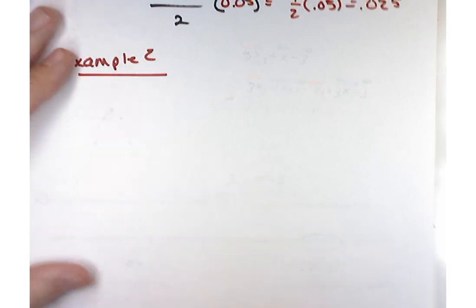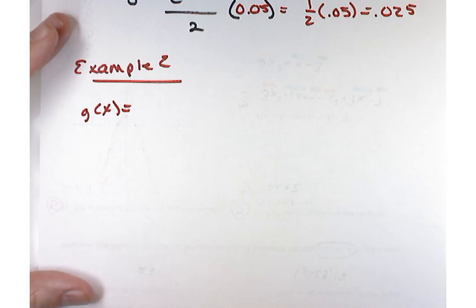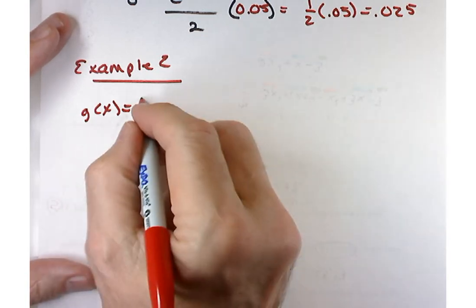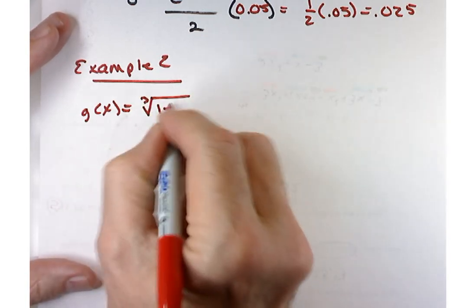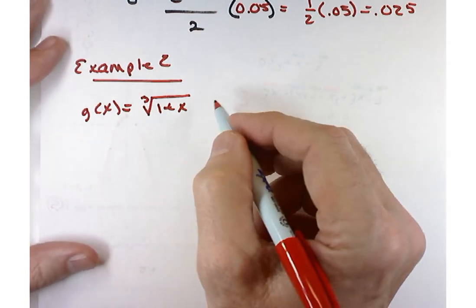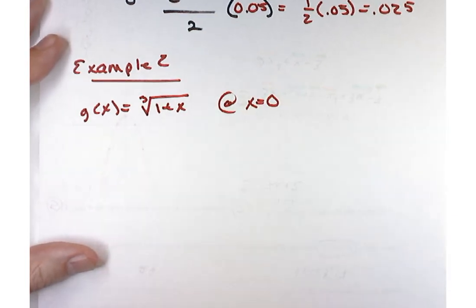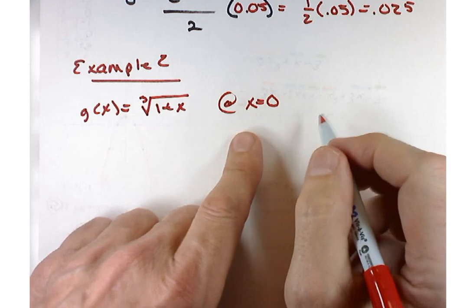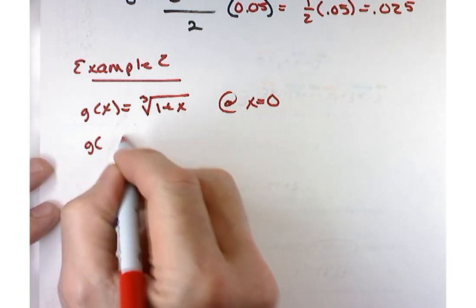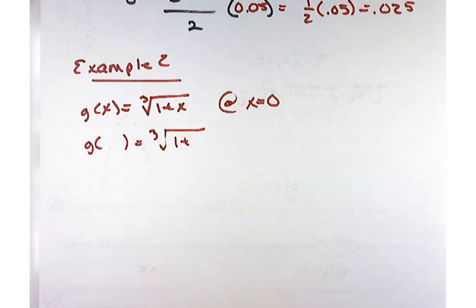So my function is g of x equals the cube root of 1 plus x. And I want to find the equation of the tangent line at x equals 0. So let me first find the coordinates of this point, where the tangent line is going to be, by plugging in x equals 0.